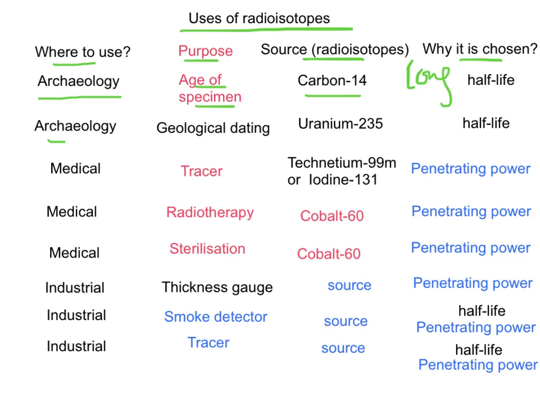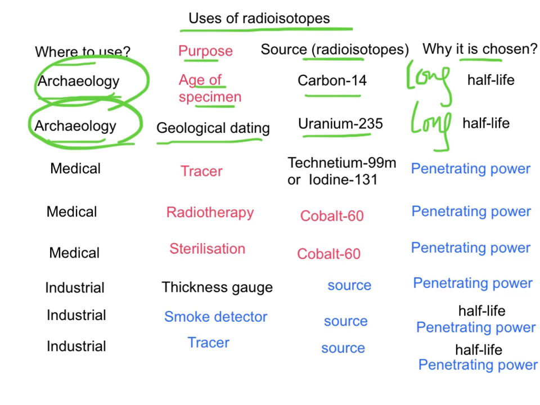Another example, archaeologists also estimate geological dating. The source is uranium-235 or 238 with long half-life. Whenever it is archaeology, it must be long half-life source.